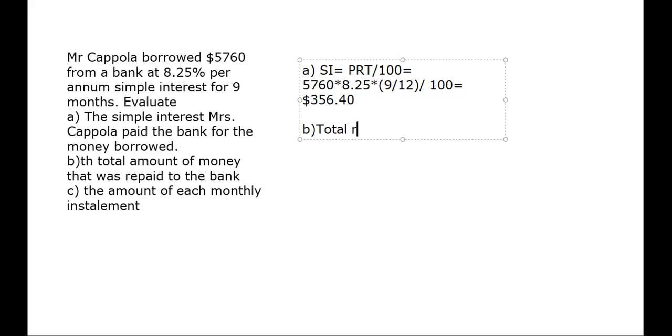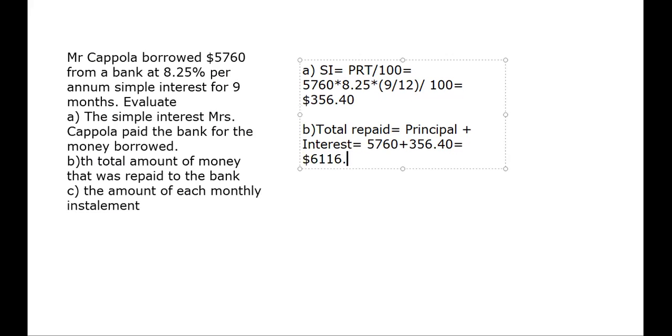Total repaid would be equal to your principal plus the interest, which is equal to 5760 add 356.40, which is equal to 6116.40.